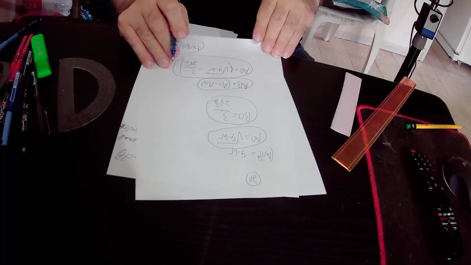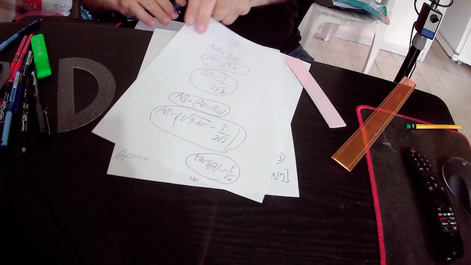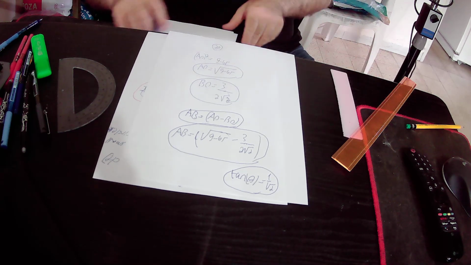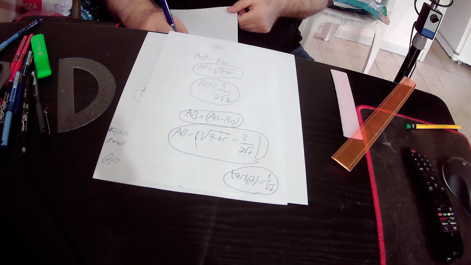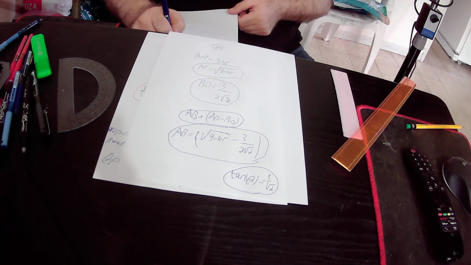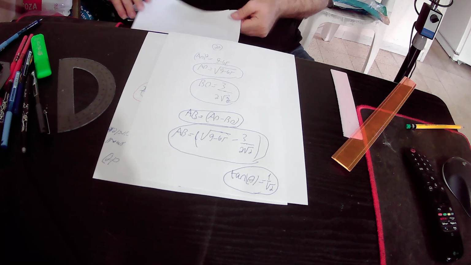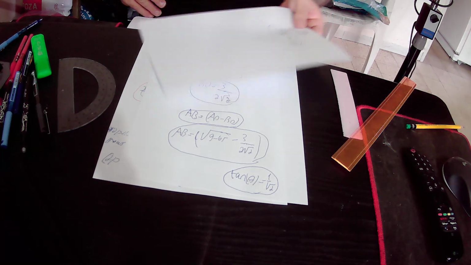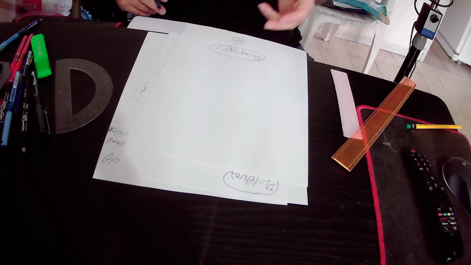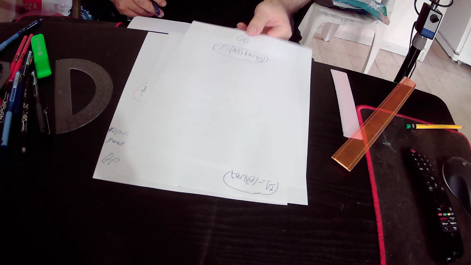So we found the values of AB and tangent theta, and we know that the radius of the small circle equals AB times tangent theta. So we will substitute AB by its value, and we will substitute tangent theta by 1 over root 2.